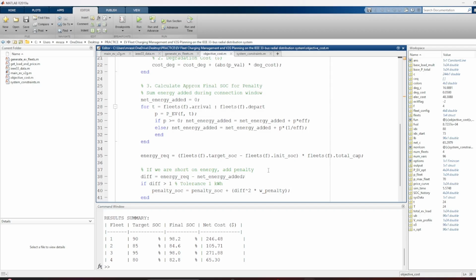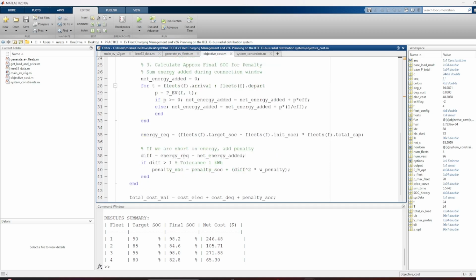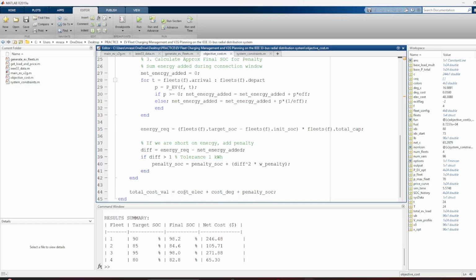If our battery is not full enough, it adds a massive financial penalty, which prioritizes charging the drivers' cars over making a quick profit. And here is the formulation for that.